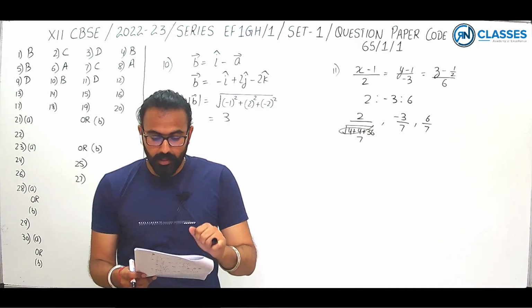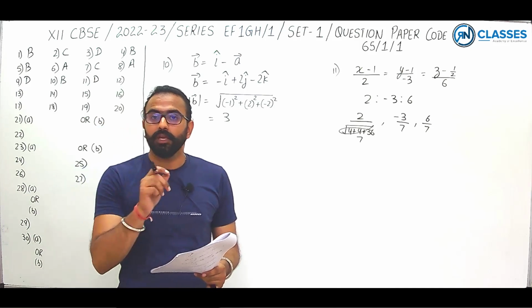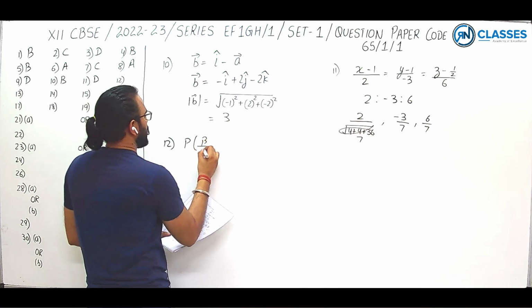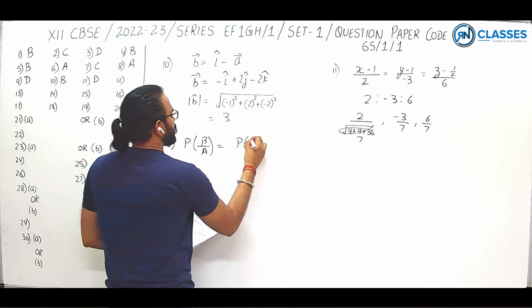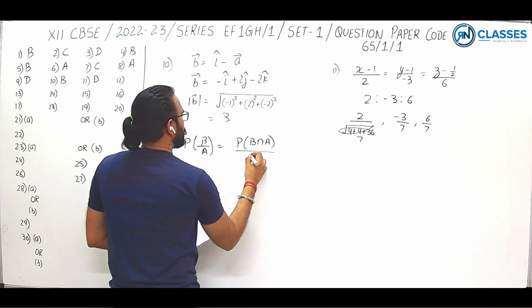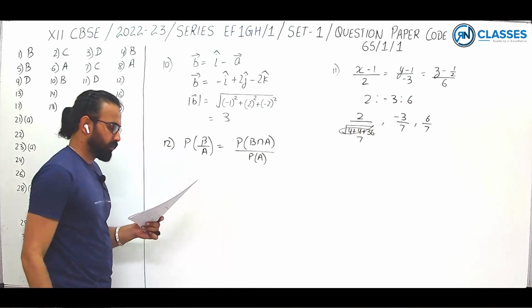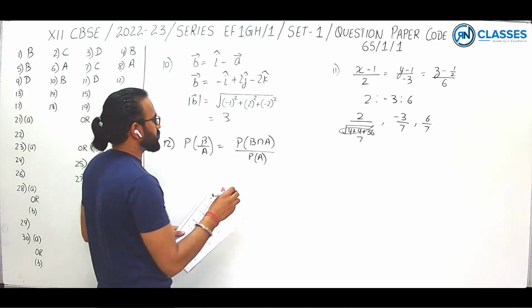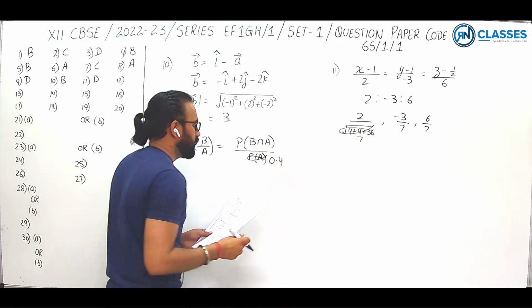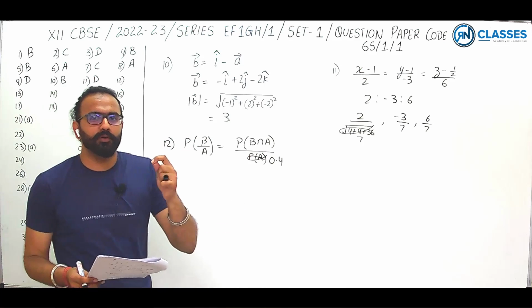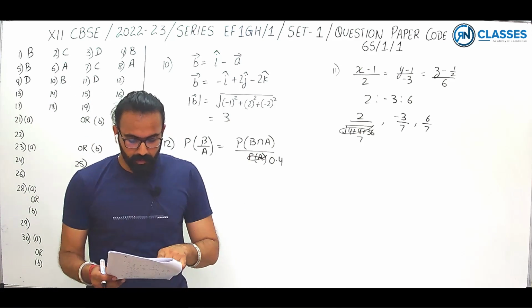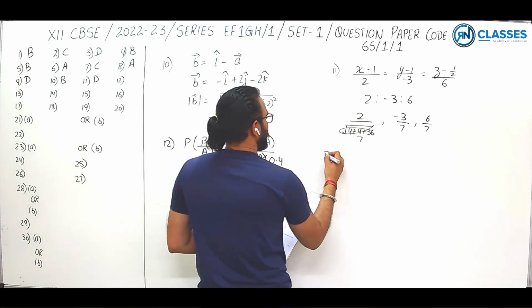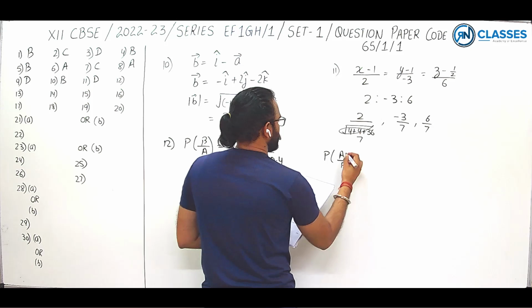Then we have to find the probability of B given A. According to the result, the probability of B given A equals the probability of B intersection A upon the probability of A. The probability of A is given to us, that is 0.4. Overall I need the probability of B intersection A, and that we can find from another given condition, that is the probability of A given B.